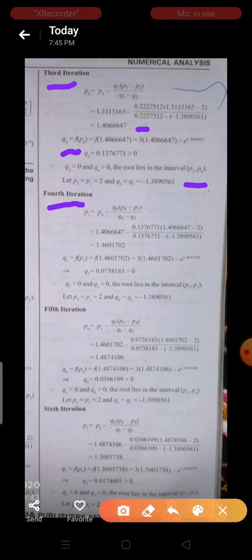After simplifying, P5 is equal to 1.4601702.